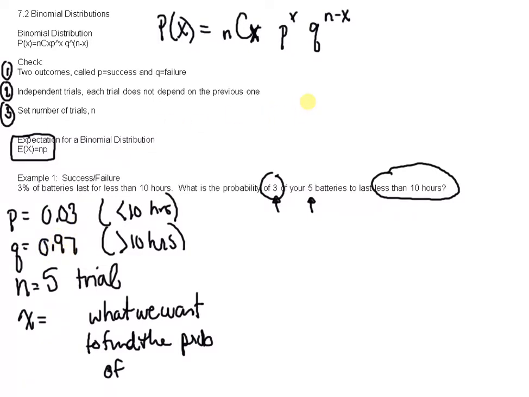The probability of a success plus the probability of failure is always going to equal 100%, and that's why q is just 1 minus p. We want to find the probability that 3 last less than 10 hours.